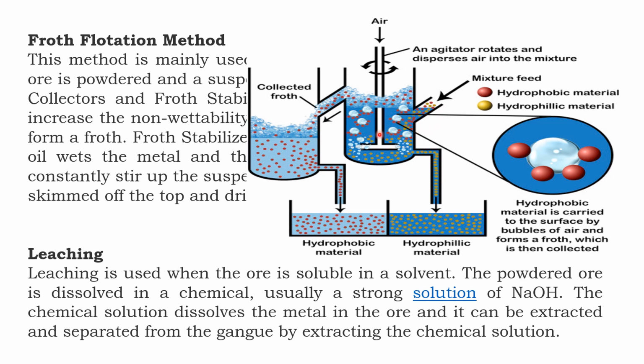It will be agitated, shaken heavily so that the ore particles get into the froth or foam, and this froth is collected here, while the impurities which have high wettability get introduced into water and are collected here. This process is called the froth flotation process.